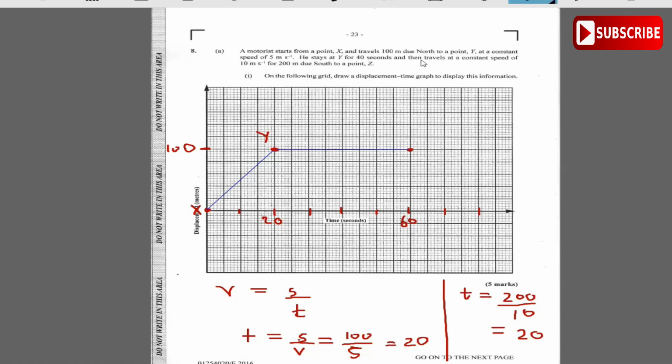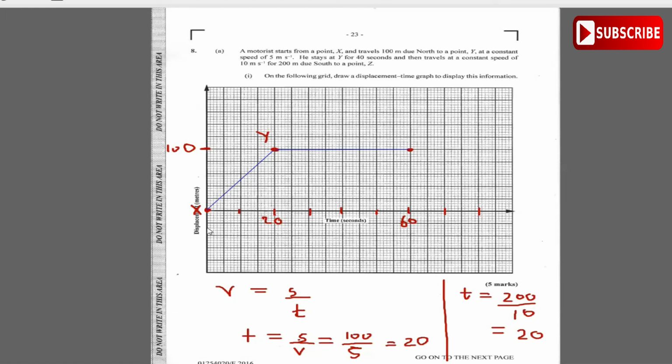Then it says he then travels at a constant speed of 10 meters per second, 200 meters due south. Now, if going up is north, then going down is south. So going down would mean that he's going down. This is 100.